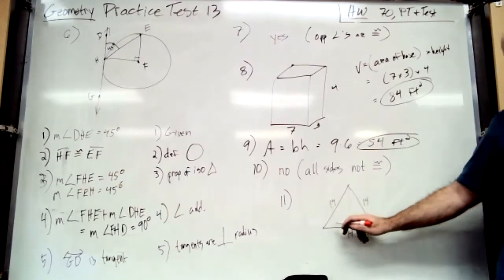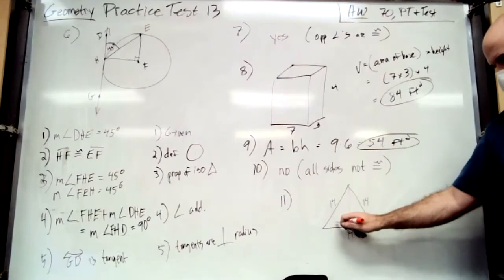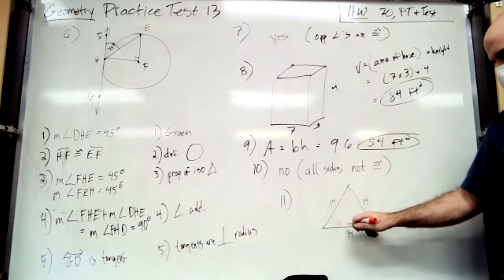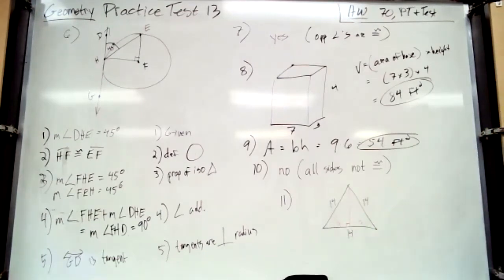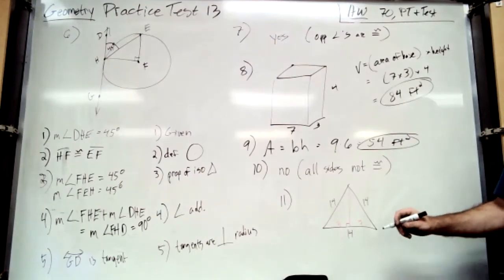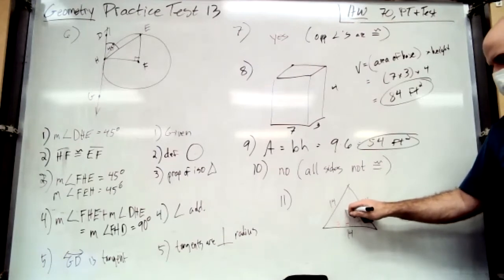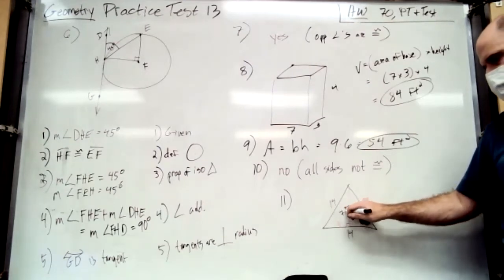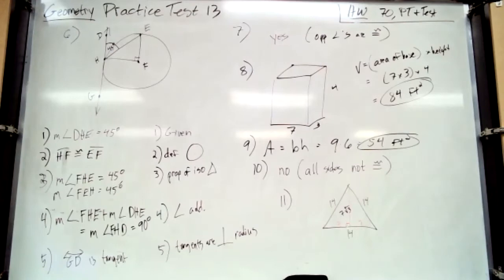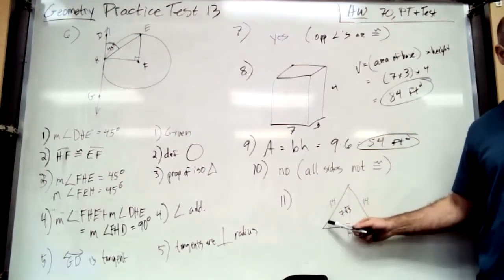So what's this side here? 7. So it's 7 squared, which is 49, plus 14 squared. But the shortcut for a 30-60-90 triangle is that this is 7 radical 3. You can use the Pythagorean theorem if you want, but remember in a 30-60-90 triangle, the longer leg is just the short leg times radical 3, and the hypotenuse is twice the short leg.